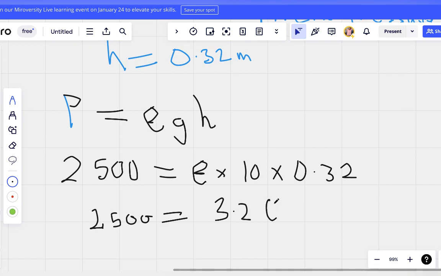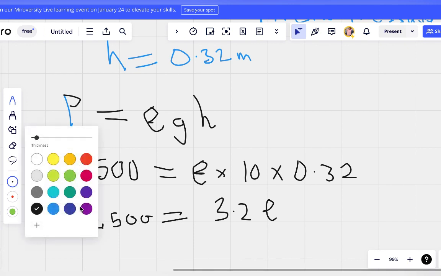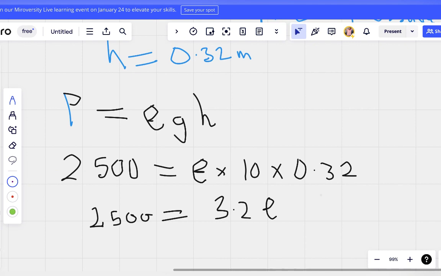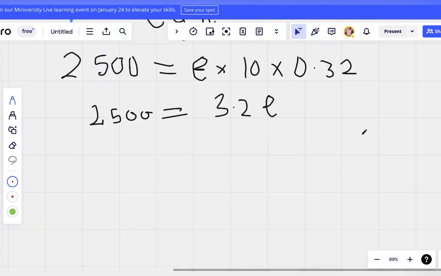To get the density, we make rho the subject of the formula. In doing so, we divide both sides by 3.2 in order to calculate the density.